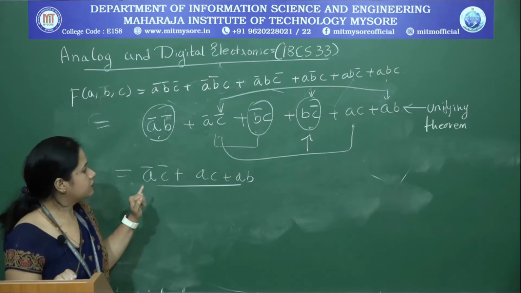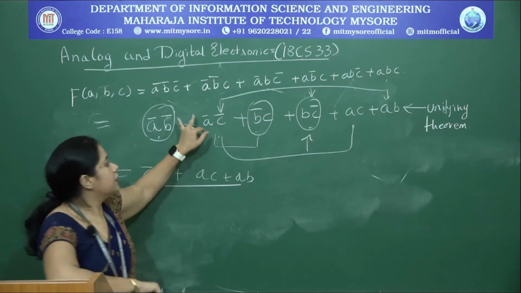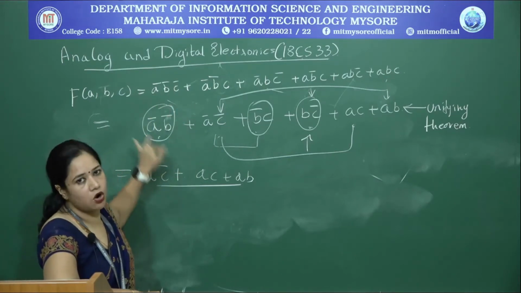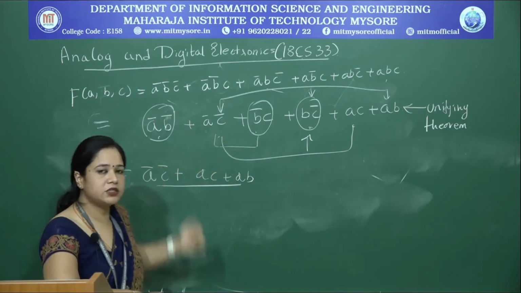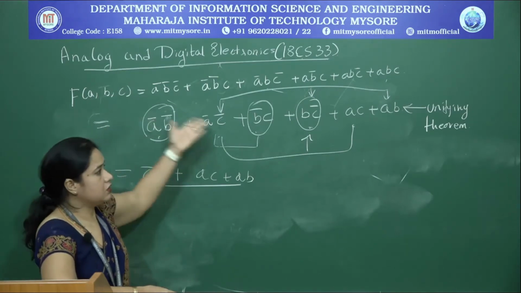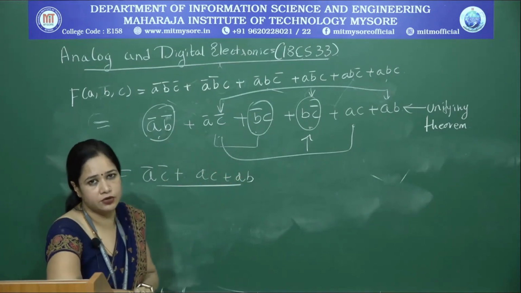So, what you have observed here is that the final result depends on the order in which you are taking the terms. This happens to be the major drawback, that is, all possible solutions may not be a minimal solution.